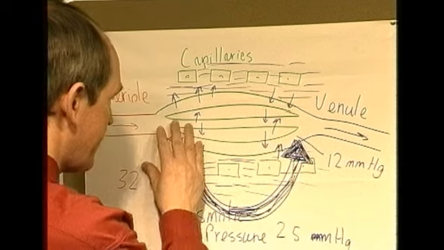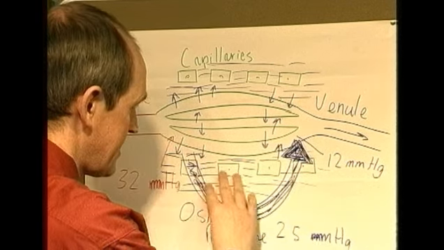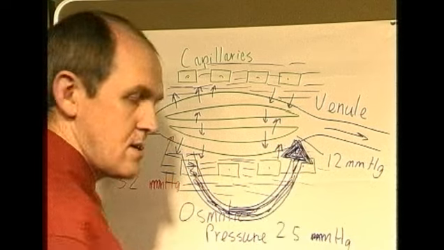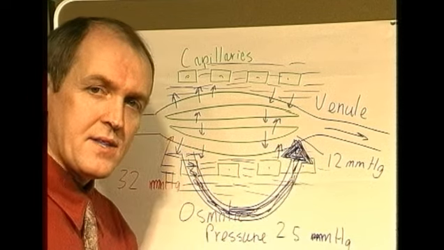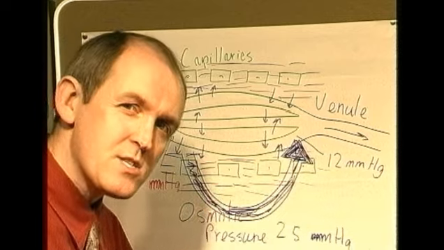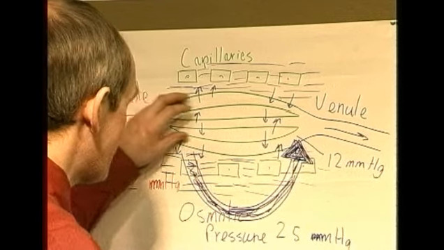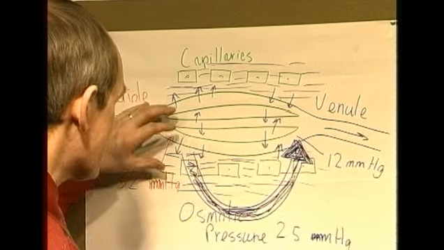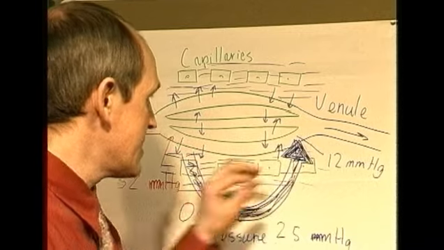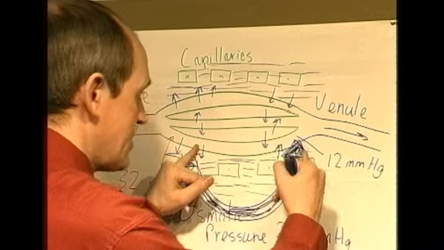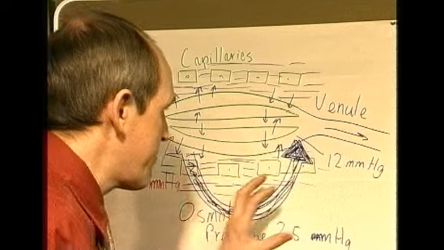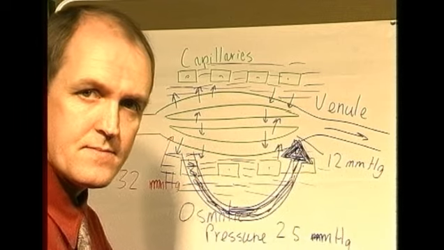Fresh tissue fluid forms at the arterial end, goes over the cells, and is reabsorbed at the venous end. So as well as circulation of blood through the capillaries, there's also circulation of tissue fluid derived from the plasma, returning to the plasma, past the tissue cells.